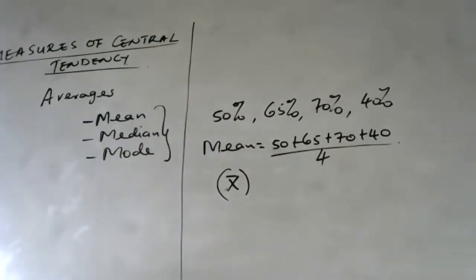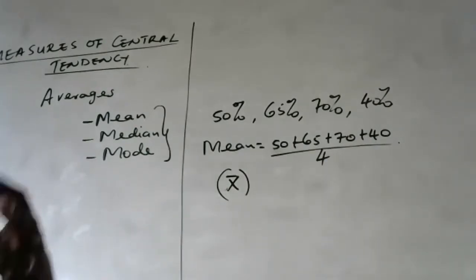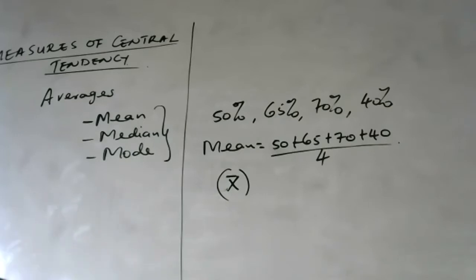We can also calculate the mean maybe of the height of students. We can measure the height of all the students, and then we get the mean height. We can go outside and maybe collect data on the profit that was registered by different businesses which are trading in the same industry.